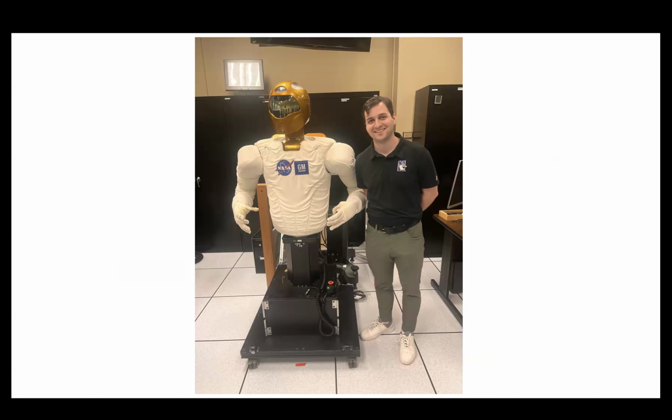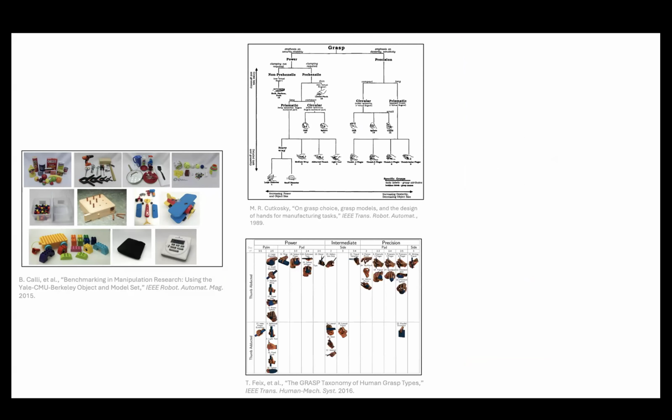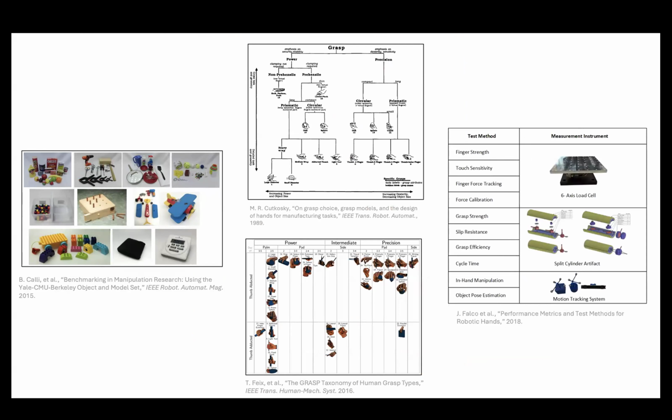And we wanted a way to compare the different technologies that are used. So we started looking at metrics and benchmarks for dexterous robot manipulation, and we found quite a few. Some examples are the YCB object set and the associated metrics, the different grasp taxonomies that people will try to match their robot hands' grasps to, and then also the performance metrics and test methods from NIST.